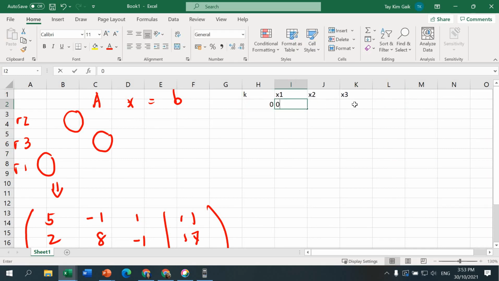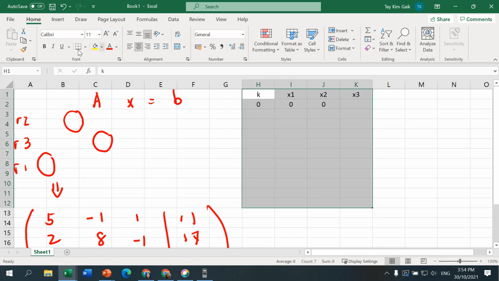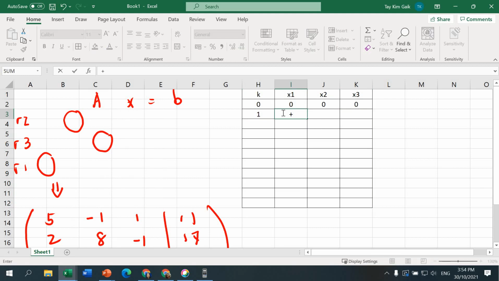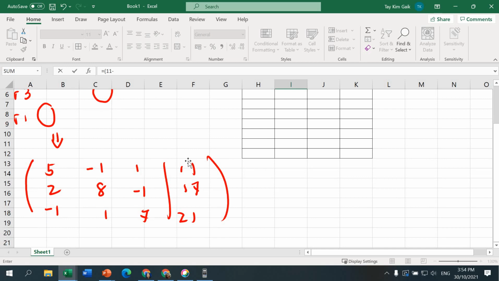Initially 0. So we put in the formula in Excel. We have 11 minus, from here, 11, and then we want to put the formula for x number 1.